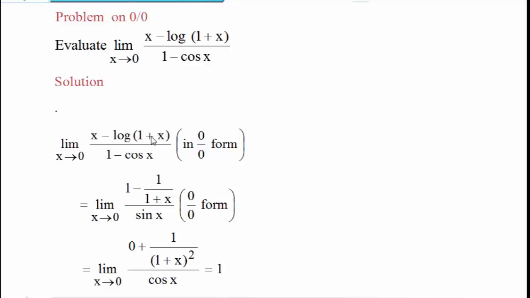So we are able to apply the L'Hospital rule since the form is 0 by 0. The L'Hospital rule tells us to take the derivative of the numerator and the derivative of the denominator separately. That is important.